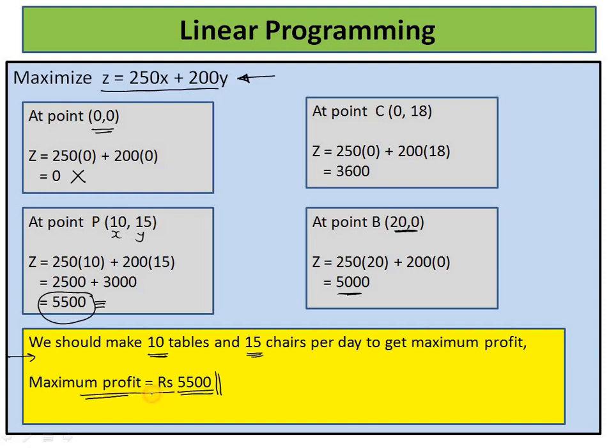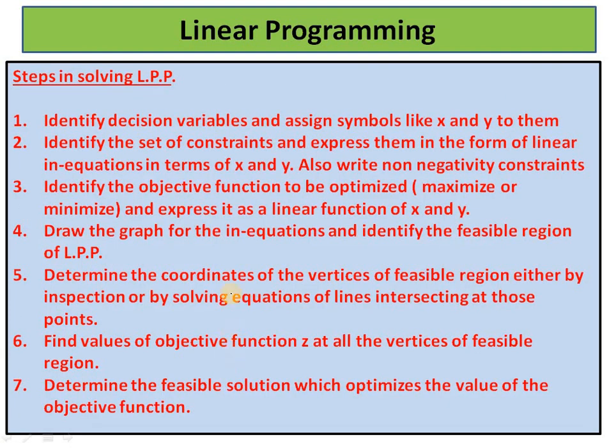So you have satisfied all the constraints, and within those constraints you can make 10 tables and 15 chairs in a day, and you will get a profit of 5500. Understood, children?